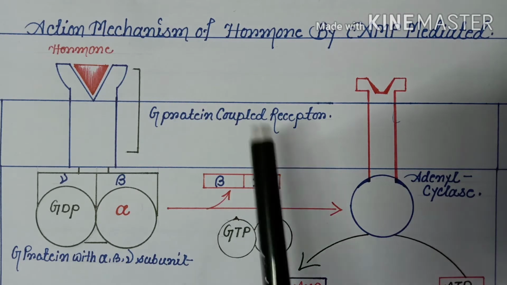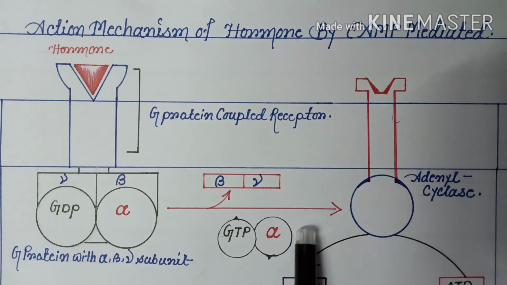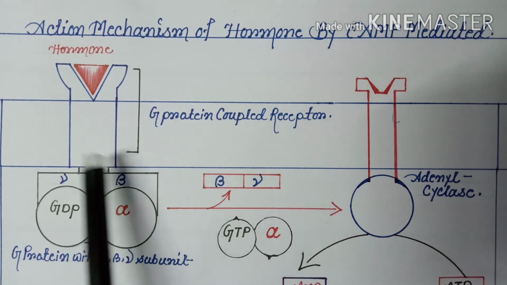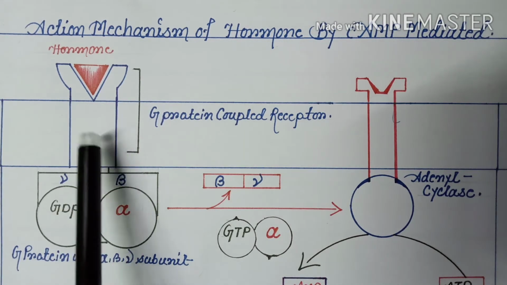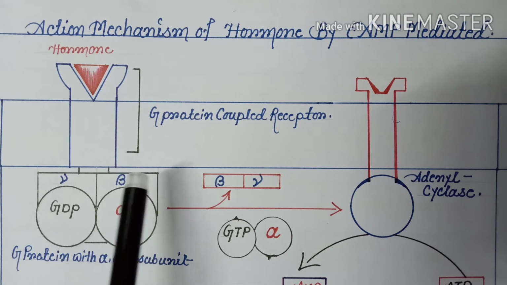Now look, this is the extracellular surface, this is the plasma membrane, and this region is the cytoplasmic surface or intracellular surface, and this is the receptor which is present on the surface of this target cell.